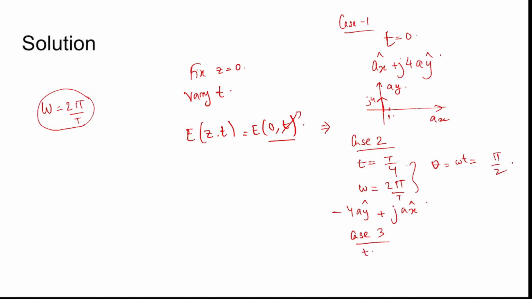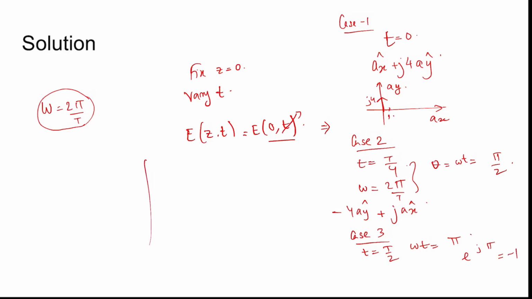Case 3, t equal to T by 2, omega t equal to π. So e to the power jπ is nothing but minus 1.